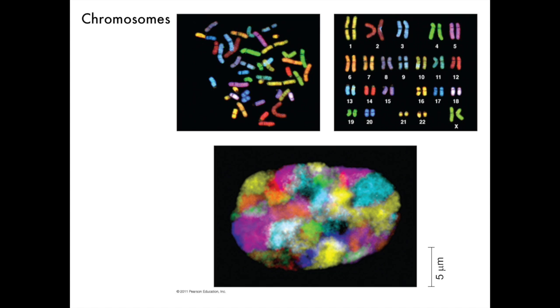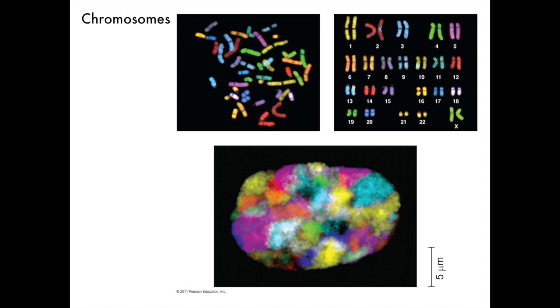If they were not in different regions in the nucleus, you would expect this not to be patches of different colors. You'd expect it to be sort of all one kind of grayish blob if all of the DNA from each chromosome was sort of intermingling with each other. But you can see that even in this very colorful image here, that there's discrete regions. There's patches that represent particular chromosomes.